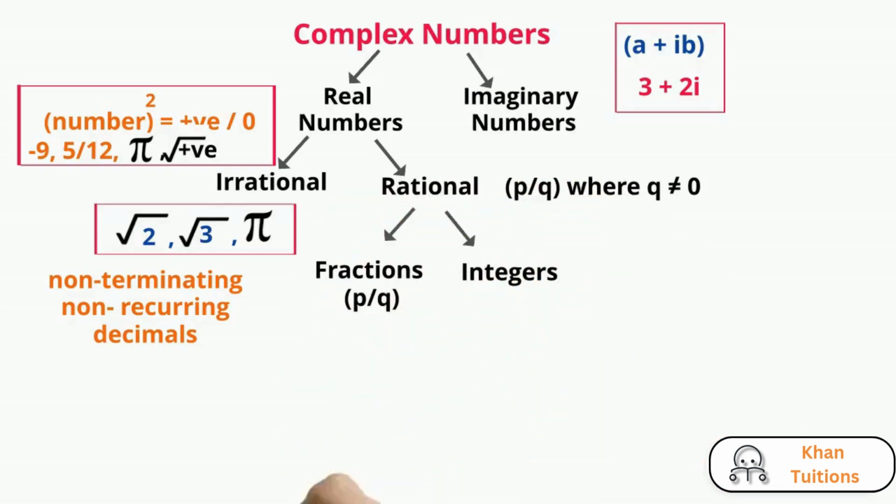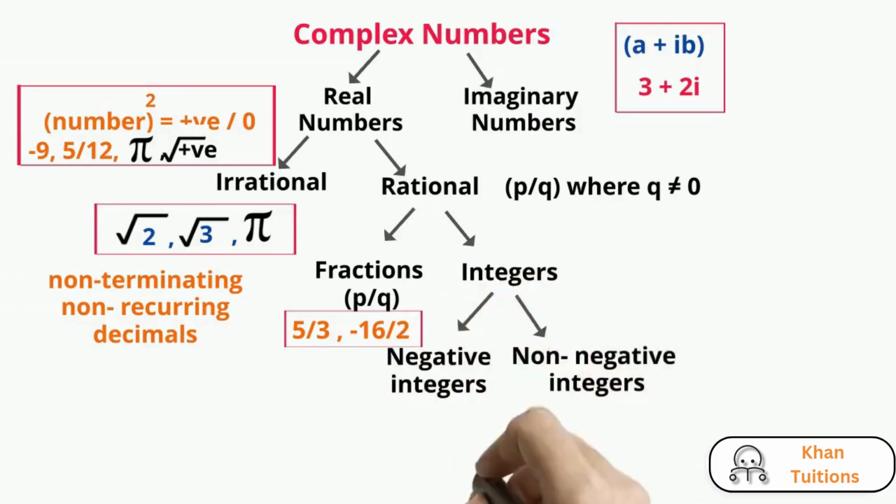Fractions are like 5 by 3, negative 16 by 2. The numerator and denominator should be integers, but overall this fraction is referred to as non-integer. Integers can also be called fractions with denominator of 1. Integers are divided into negative integers and non-negative integers, meaning 0 and positive integers.